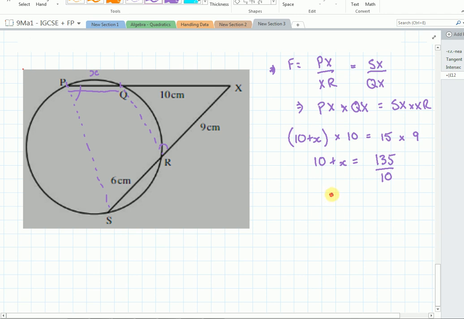So x must be 13.5 minus 10, which is 3.5 centimetres. Okay, so that's using the two things. Remember, when the point goes outside, the triangles are flipped around to be similar.